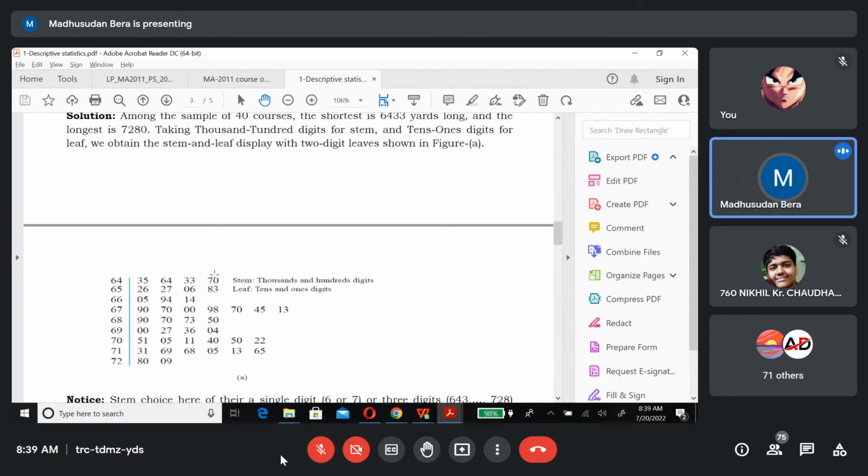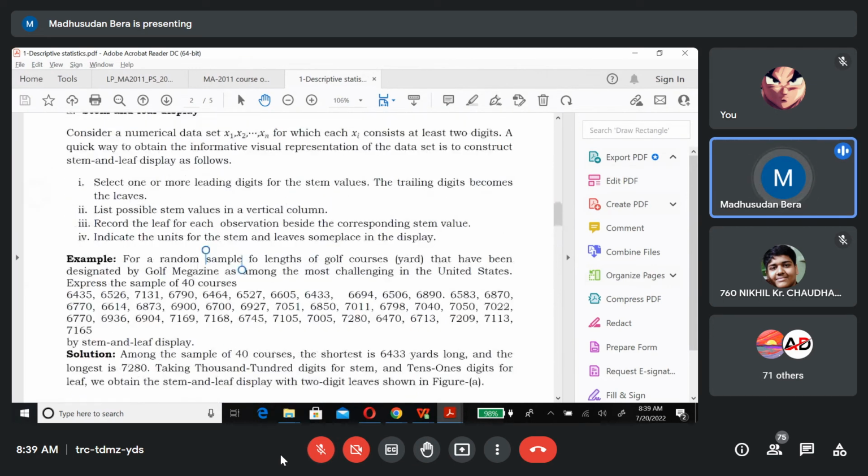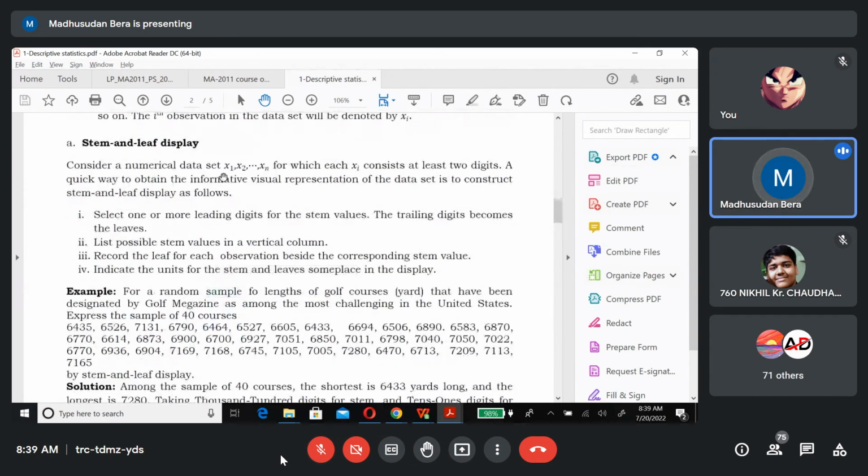There are many ways we can do this. What is the procedure? Consider numerical data x1, x2, up to xn, where each xi has at least 2 digits, because in stem and leaf we divide each number into two parts, stem and leaf. For 6435, the leading positions are the third and fourth; in fact the fourth is the more leading position, so we can take the fourth one also.